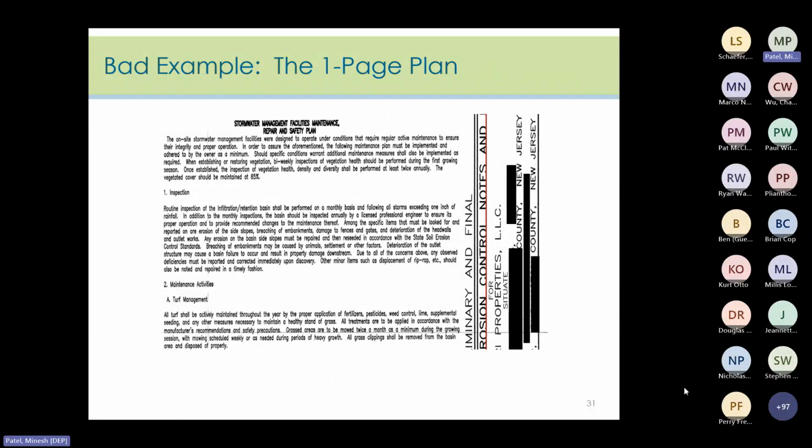There's no way a complete record can be made on a plan sheet, nor would maintenance staff actually record observations and completed tasks here. So this would be an example of a very weak plan, and therefore the reviewer has the authority to request revisions so that the permittee can comply with the requirements of the permit.